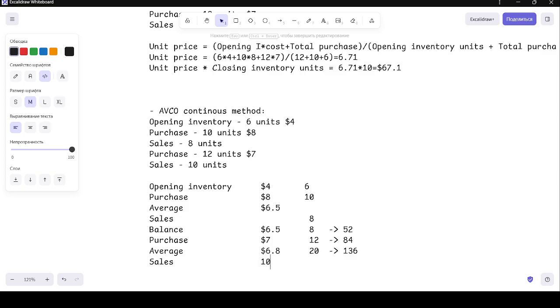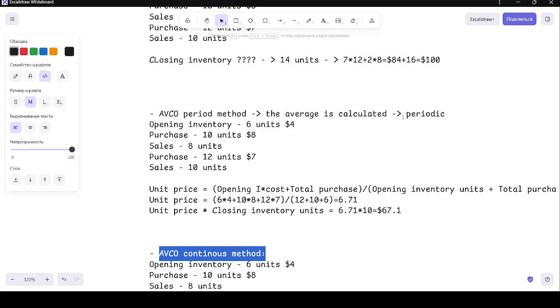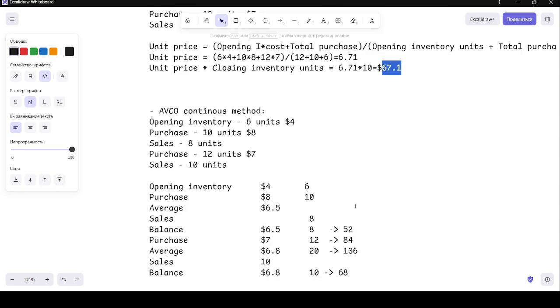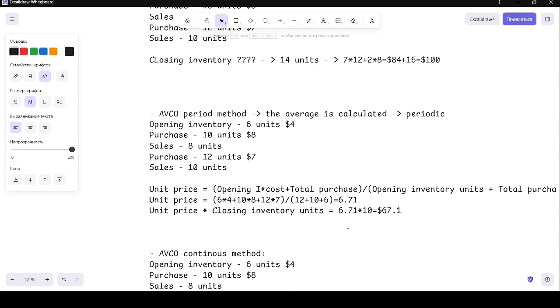How many units? 10 units sales. Balance, we had the cost of our closing inventory 6.8 and 10, which gives us 68. If you see, the AVCO periodic method gives us 67.1, continuous is 68.